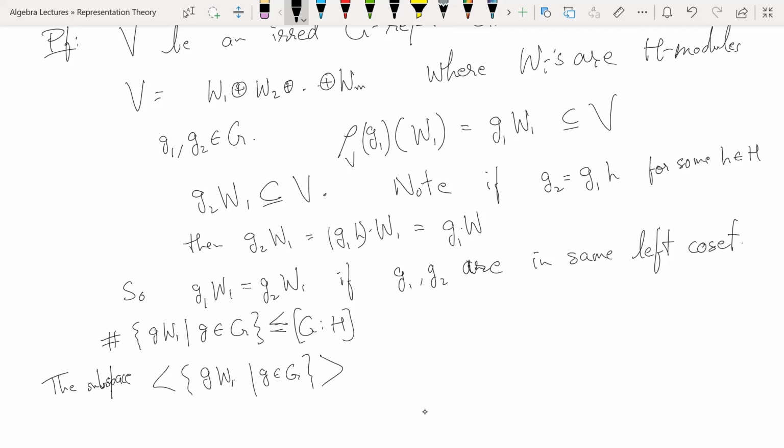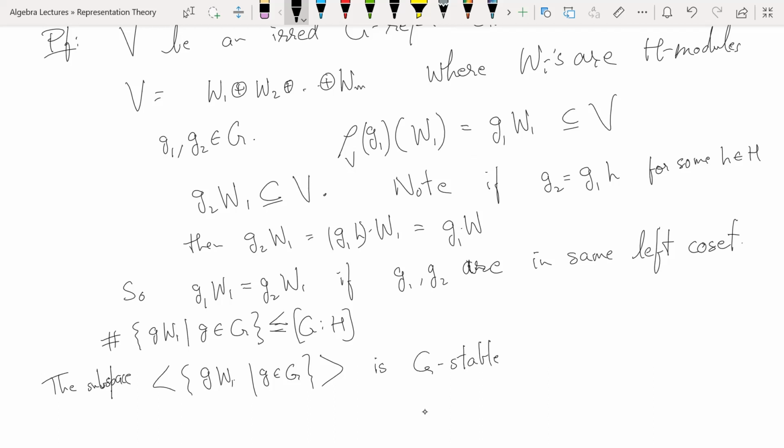This is a subspace of V, because everything is in V. The subspace is actually invariant under the action of G, because if you operate by G, then the generating set is invariant. So this is a G-stable subspace.